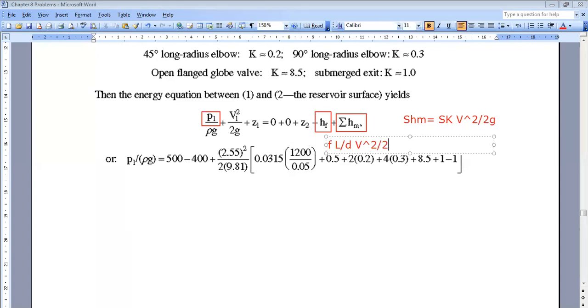So if you take V squared over 2g into factor, V was found to be 2.55. You can express P1 as a function of all of these terms which are known, and the only unknown will be P1 you can get. Okay, and this was the question: what is the pressure at level 1 to have the corresponding flow? So we are done also with this example.